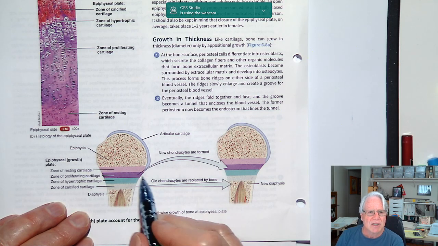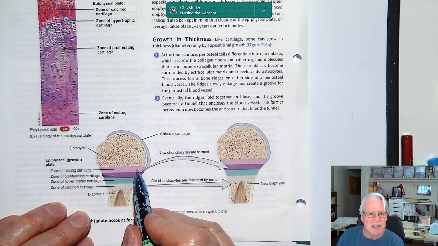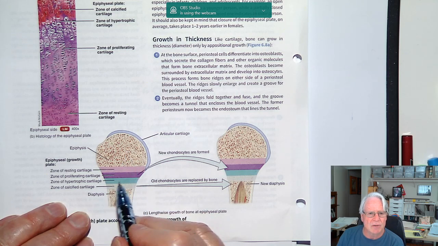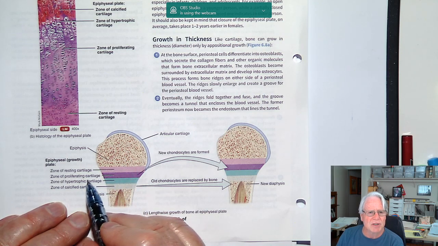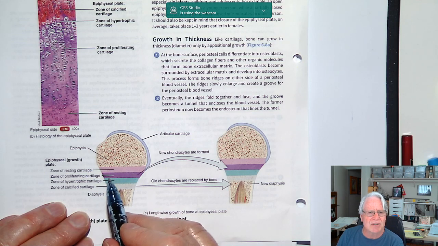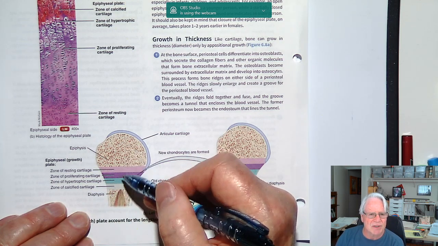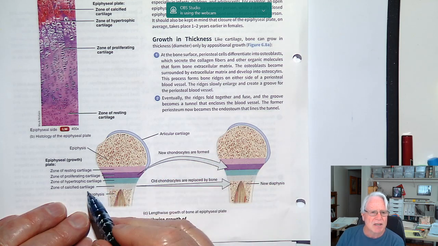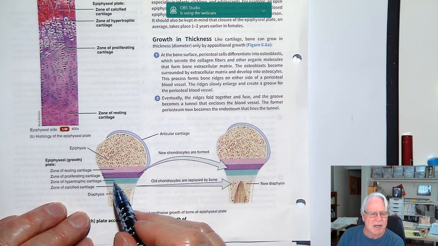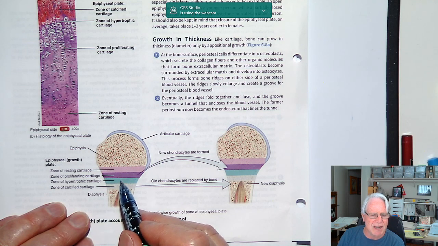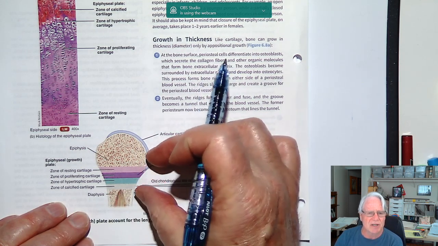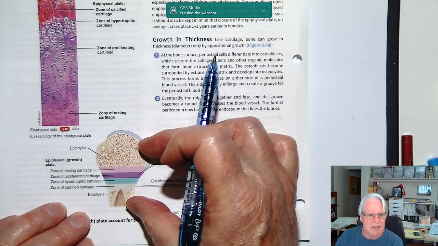Okay? So resting cartilage, that's gluing this to all of this. Zone of proliferating cartilage, we're adding new cells, thus increasing the size of this material. Zone of hypertrophic cartilage, we're increasing the size of these cells. So the number is increasing, the size is increasing, and that is going to ultimately widen this.